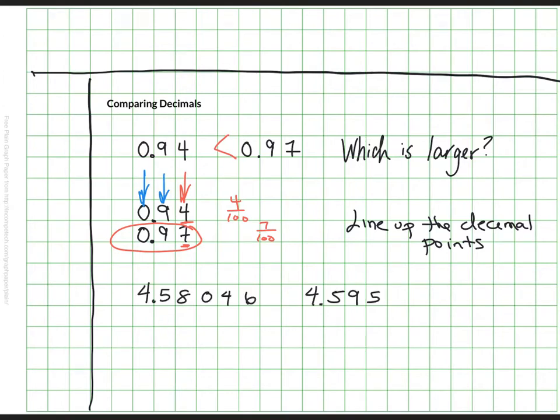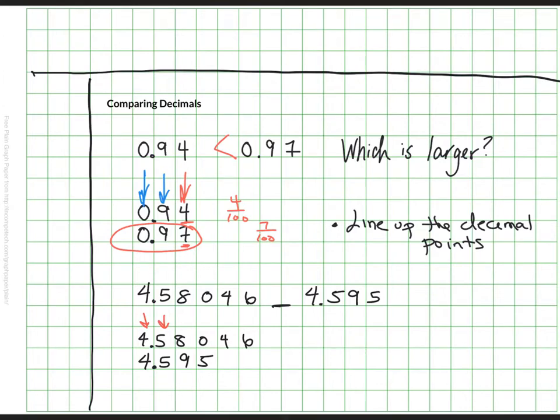So here's another one. Here's two decimals, and I want to see which of these two is larger than the other. So again, I'm just going to do what I've done before and line up my decimal points, one on top of one another. And I can look at each column and say, well, in the ones place, those are the same. That doesn't help. In the tenths place, those are the same. That doesn't help.